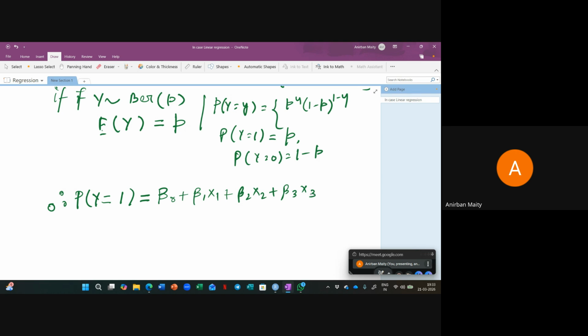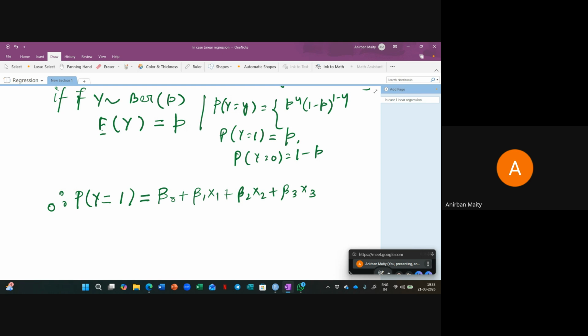So in the linear regression model, we are basically trying to model the conditional average. In case of GLM, if your response variable follows a Bernoulli distribution, we are trying to model the probability of getting yes. That is the main difference between the linear regression model and the generalized linear model.